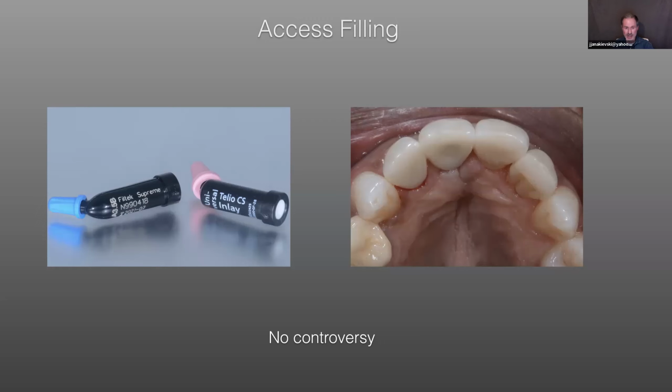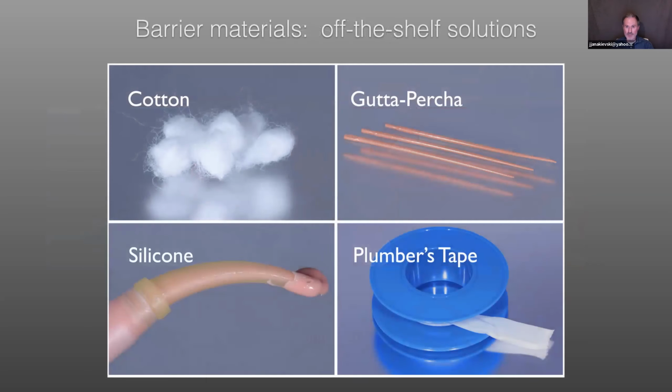We can, of course, use amalgam. We can use products like Telio for interim restorations. So there's not a lot of controversy when it comes to closing and finishing the closure of the access channel. But it's very different when it comes to barrier materials, because we don't have a dedicated screw channel barrier. These were all off-the-shelf solutions.